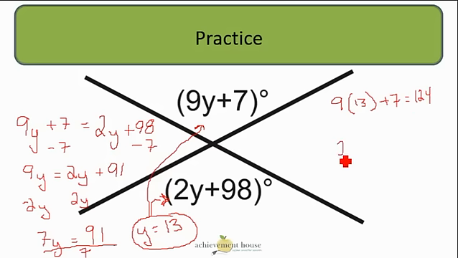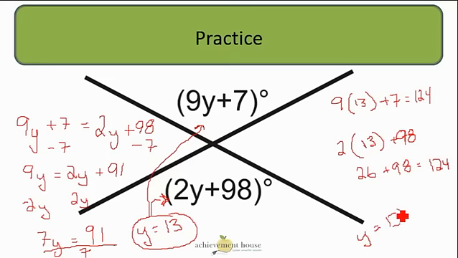Now, 2 times 13 is 26. Alright, sorry, messed up again, not 7, but 98. That's the second expression. So 26 plus 98 gives us 124. Therefore, we know that y is equal to 13. That is our answer.